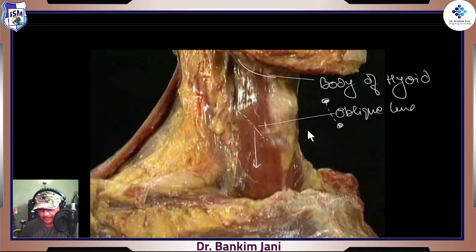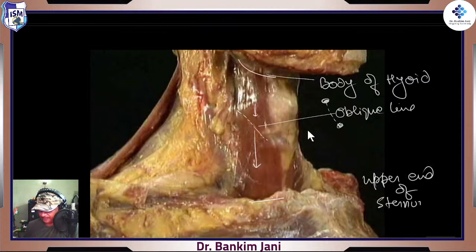So here, thyrohyoid starts above, ends at the oblique line, and from the oblique line it continues all the way down to the upper end of the sternum. So that's how this whole muscle acts as one.